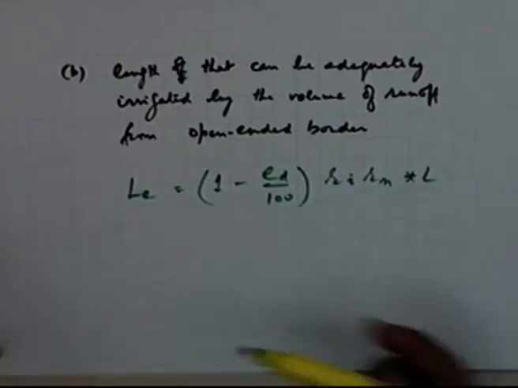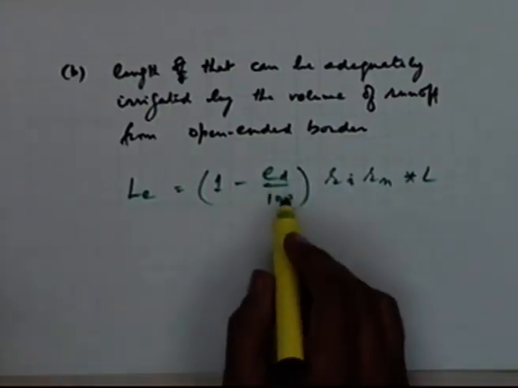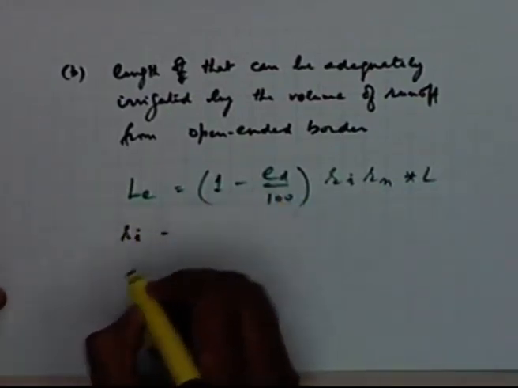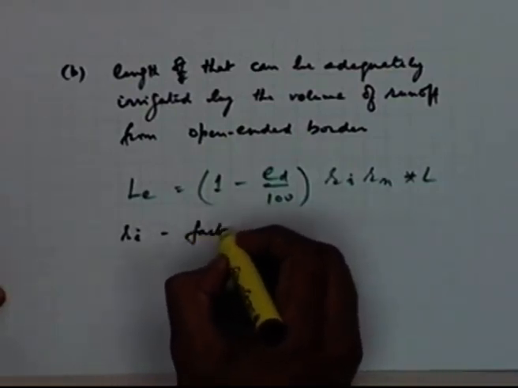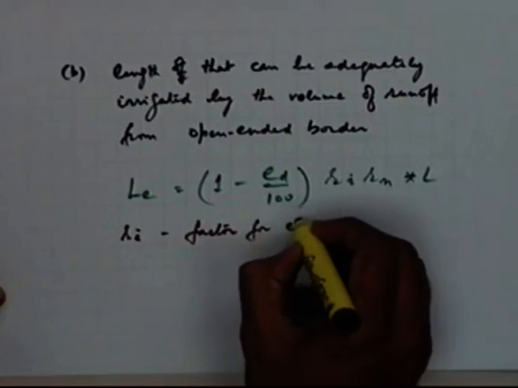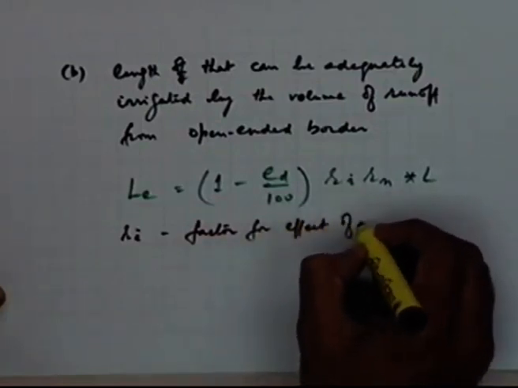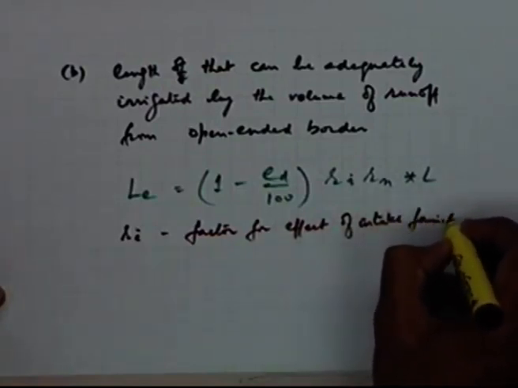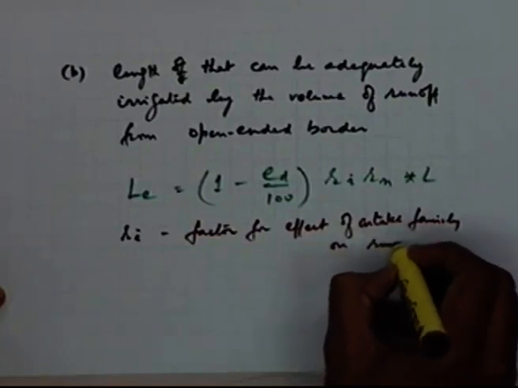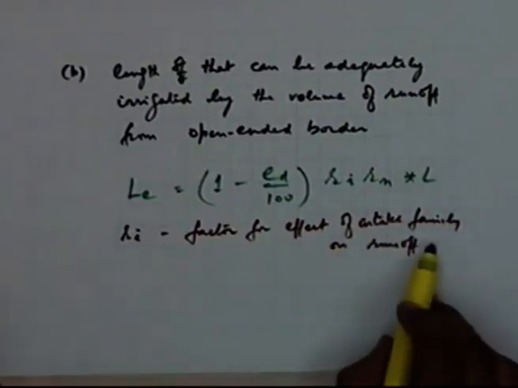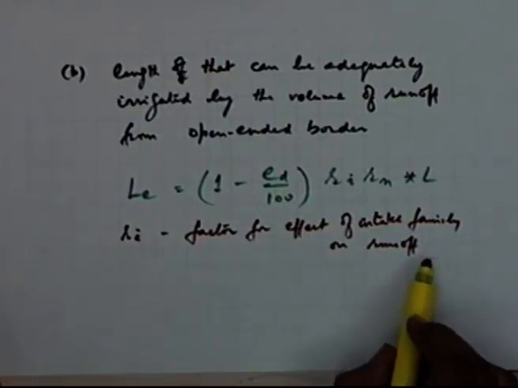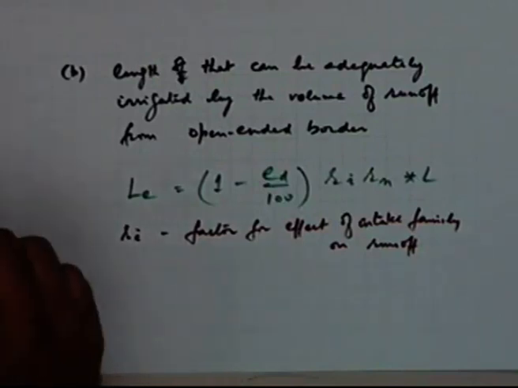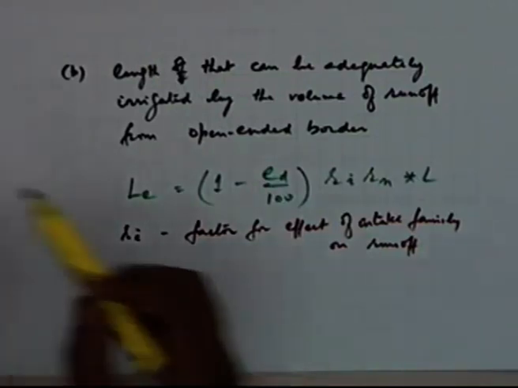In this equation, ED is same as before, the efficiency, but RI is the factor for the effect of intake family. So there is a factor which is dependent on the intake family, and that takes care of the effect of the intake family on the runoff.